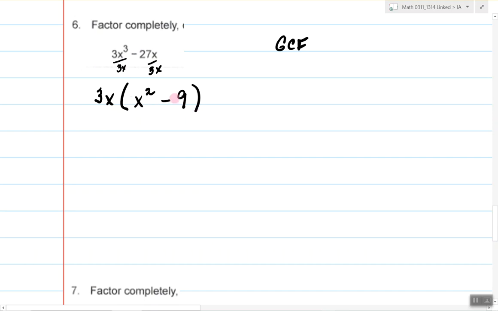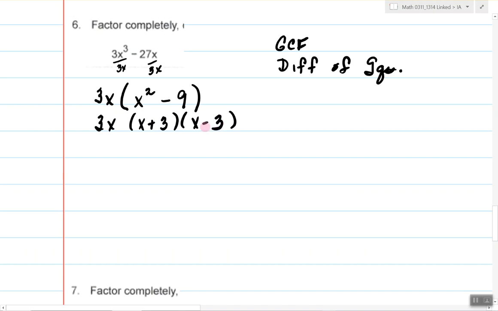Look at the binomial factor. Is it something you recognize? I hope you see it as the difference of squares. So keep your 3x, factor x plus 3, x minus 3. And you need to write all of that down.